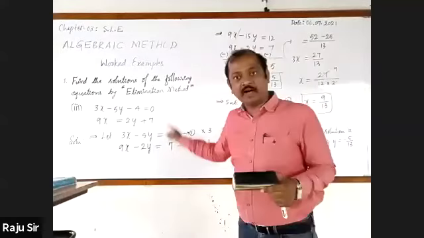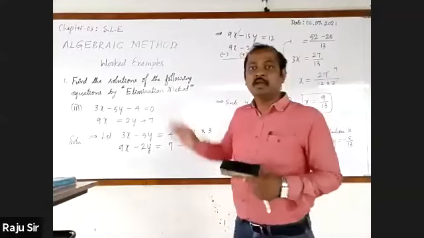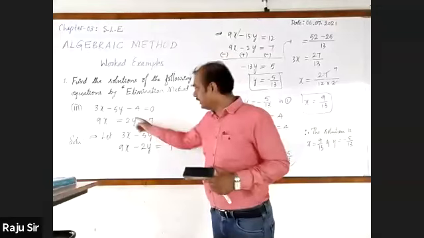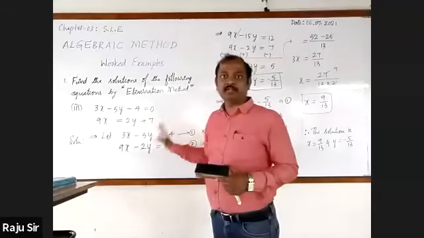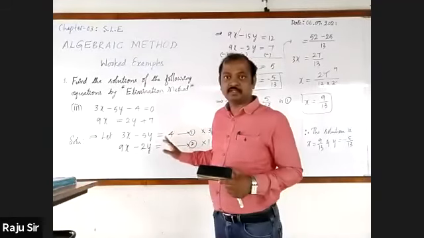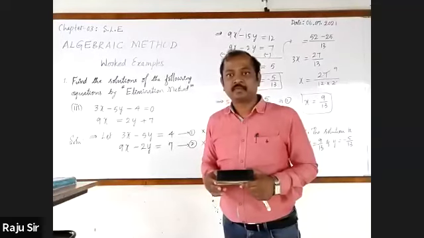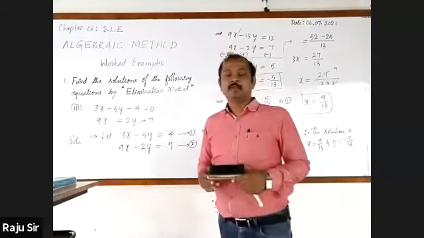No, only constants will be eliminated. So our intention is to eliminate either the x term or the y term, not constants. Okay. Did you understand? Understood? Yes, sir. Okay.